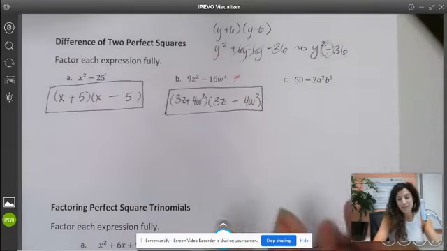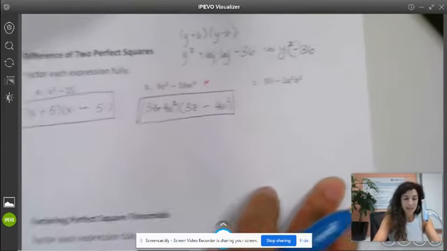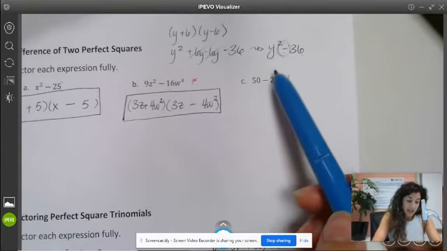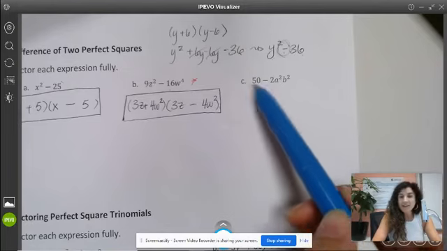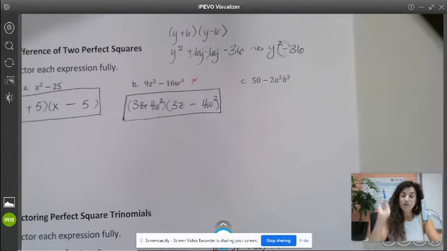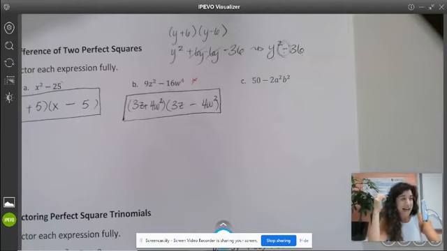All right, last problem for this type of practice. Here we've got two terms, so you should be thinking, I'm looking for perfect squares. You look and notice 50 is not a perfect square. You're thinking, well, 25 maybe, but it's not that, and 2 is not a perfect square.